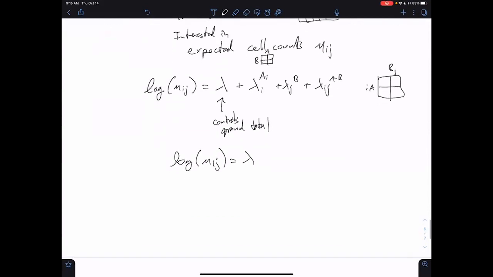Then if I added a little bit more, so the log of the expected cell count was this constant lambda plus a parameter for one variable and another parameter for the second variable, this would be like the rows and the columns are independent. I have a grand total, something that controls the row sums, and something that controls the column sums. Now, of course, these things all interact.